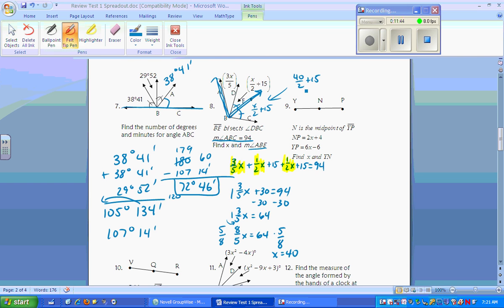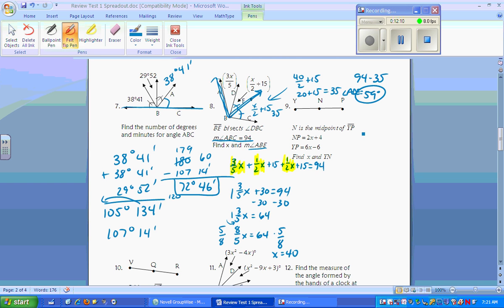Well, 40 over 2 to me is 20 plus 15. I'm at 35. So this angle is 35. Well, I know the whole big angle is how much? 94. So 94 minus the 35 gives me my answer of 59 degrees, which is angle ABE.